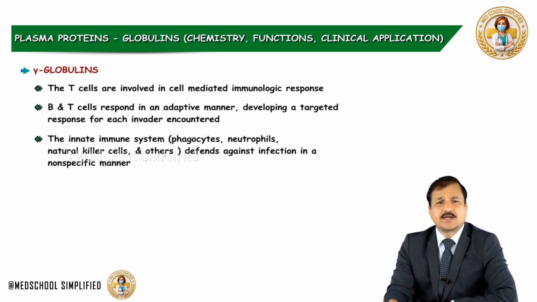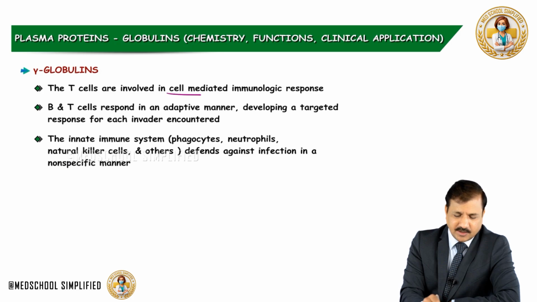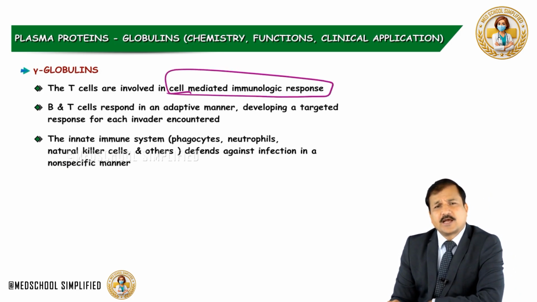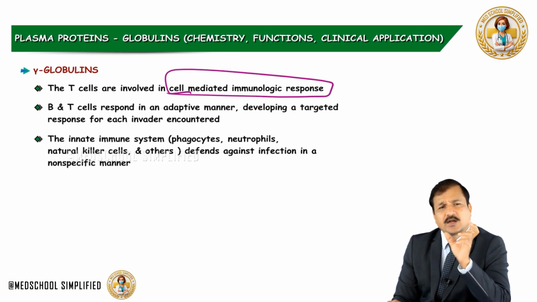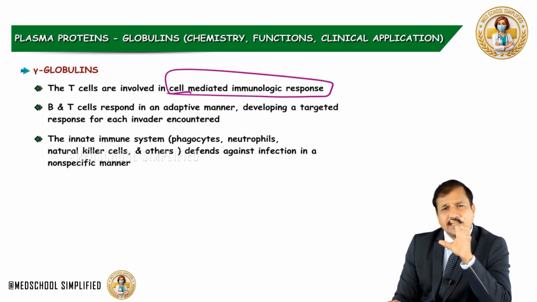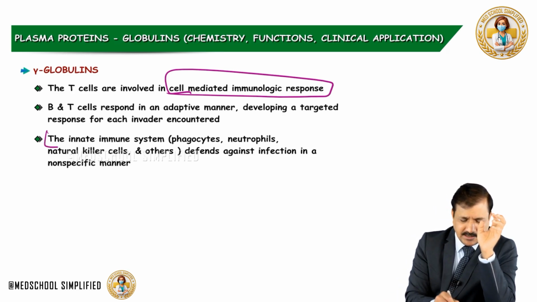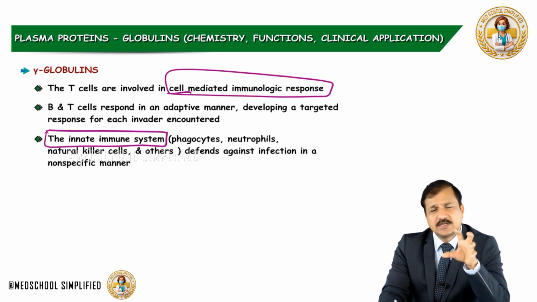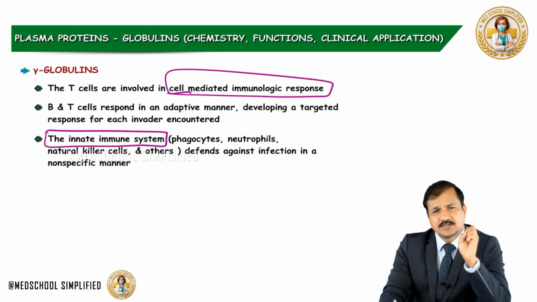T cells are involved in the cell-mediated immunological mechanism. Both B and T cells respond in an adaptive manner, developing a targeted response for each invader encountered in our body. The innate immune system is done by specific cells that also fight against invaders, like phagocytes, neutrophils, natural killer cells, monocytes, and macrophages.